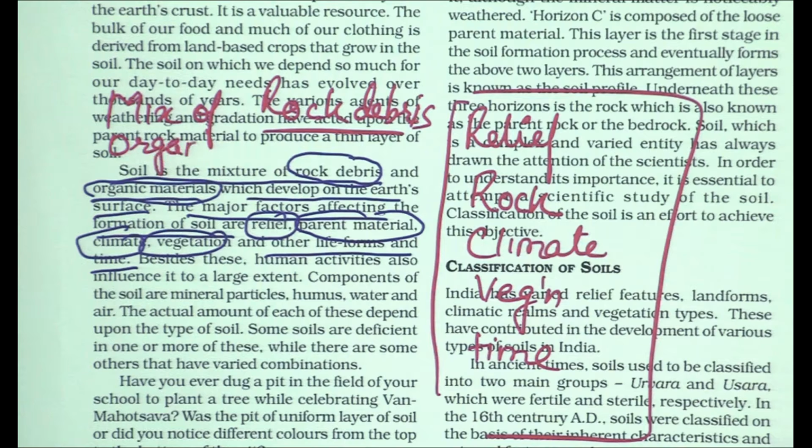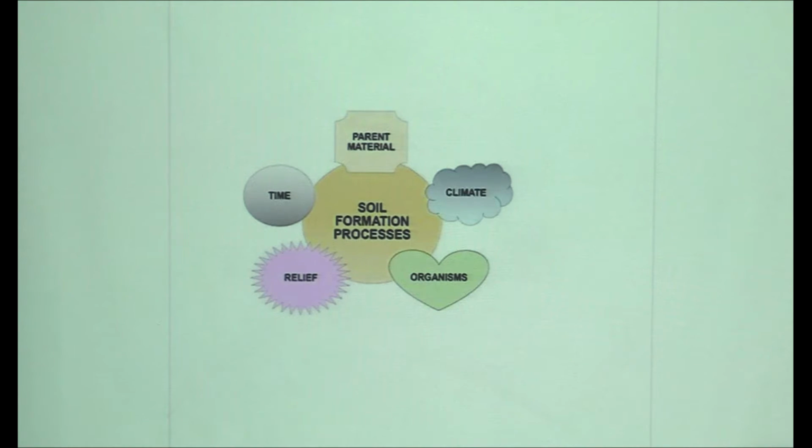So, definition of soil from NCERT reads, it is the mixture of rock debris and organic matter, and its development process is regulated by relief, rock structure, climate, vegetation and time. The soil forming process incorporate relief, our NCERT also referred it. It includes parent material, which we emphasized as rock structure.